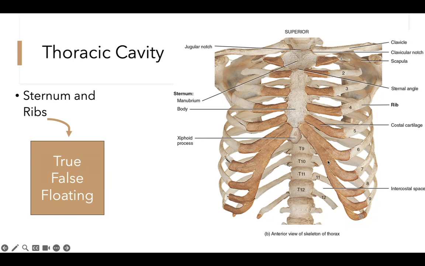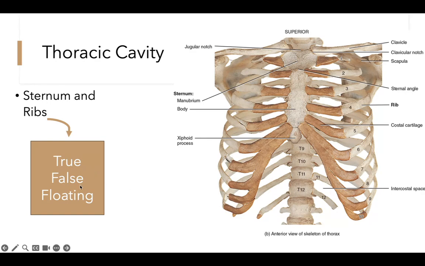But then rib 8 is kind of like, where's that costal cartilage? It piggybacks onto 7. So to be considered a true rib, ribs 1 through 7, you're going to have a direct connection to the sternum via costal cartilage.